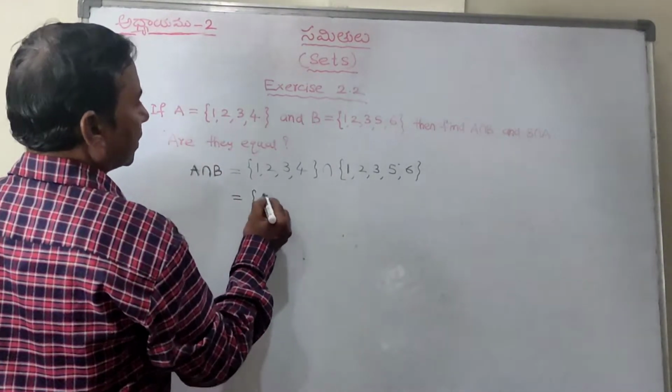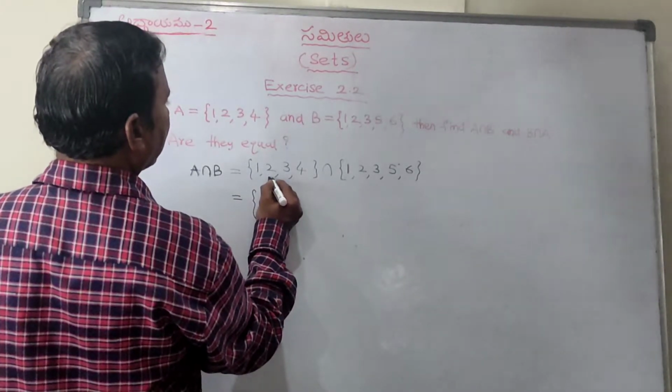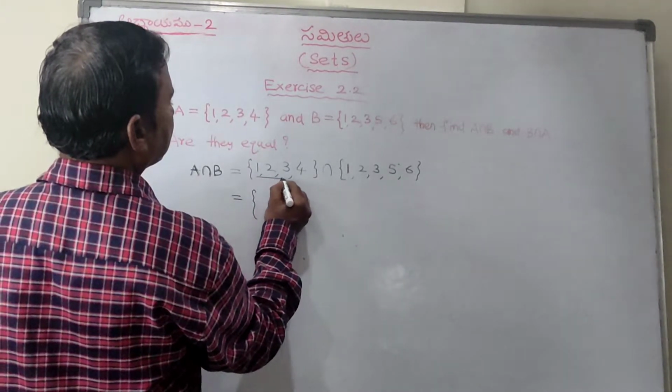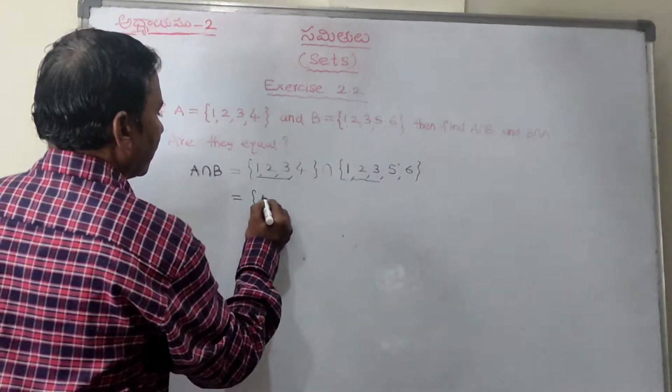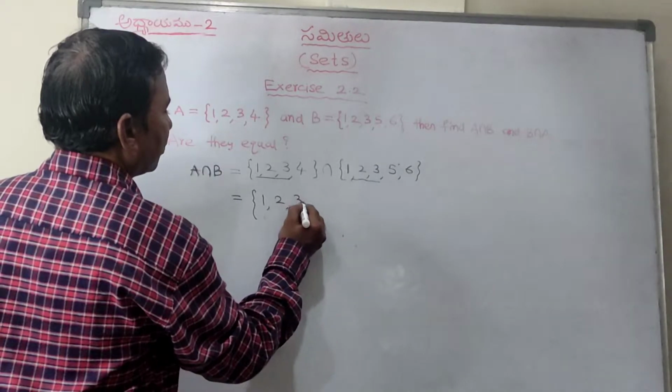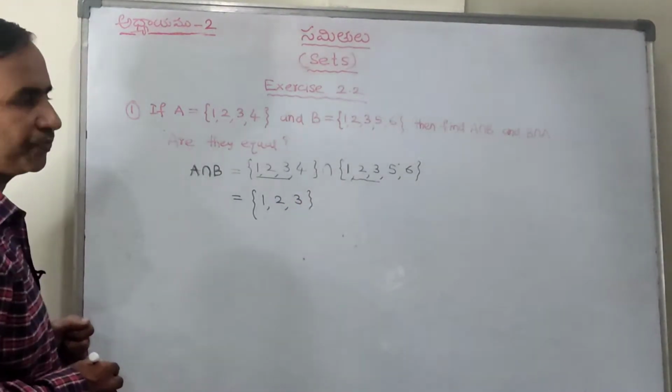Common elements means what are the common elements we are seeing here in both of them? 1, 2, 3. So we have to take the same elements among these two as 1, 2, 3, that is A intersection B.